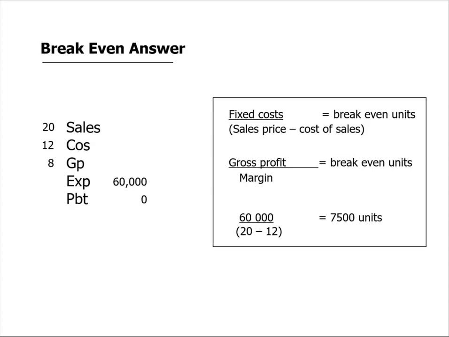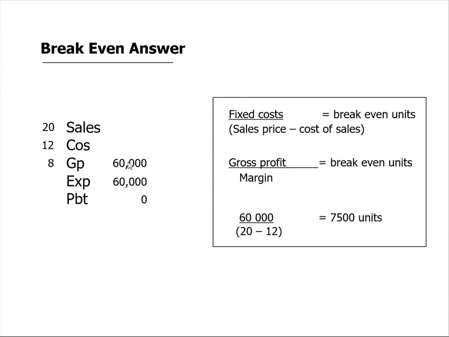It's making no profit or no loss. Now mathematically, we could work out what does the gross profit have to be in order for this income statement maths to work out. In other words, a 60,000 gross profit minus 60,000 in expenses will get us to a profit before tax of 0.